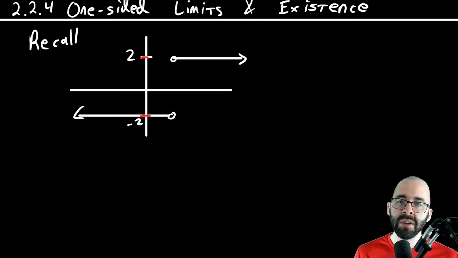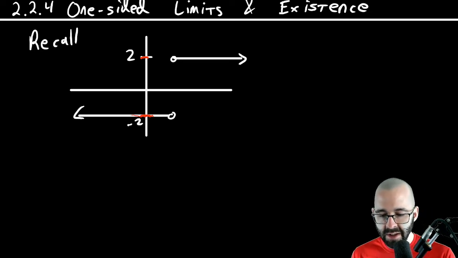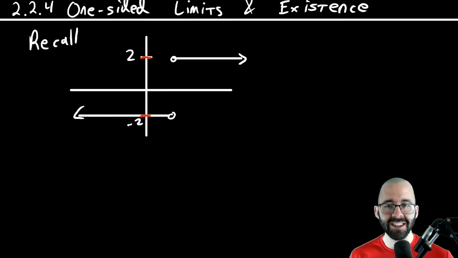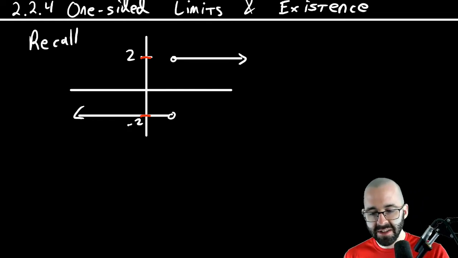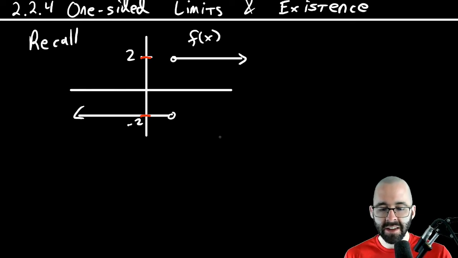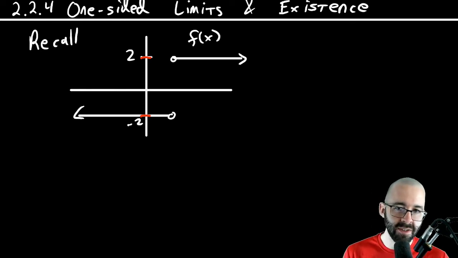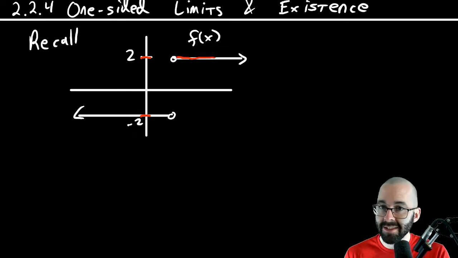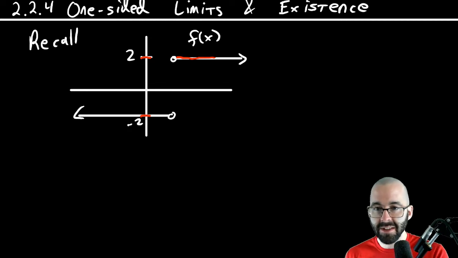All right, so the limit from the left, as we get really close on the left, it's a constant function. And we know the limit of a constant function is that constant. If this is the function f of x, the limit from the left is negative 2. The limit from the right, again a constant function, is going to be positive 2.